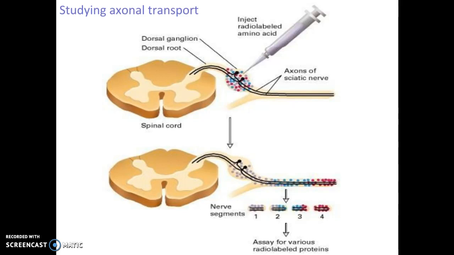If we think about the sciatic nerve in me, it is 3 feet long, and in something bigger like a whale, a giraffe, or an elephant, there's the need for moving things from the cell body up in the horn of the spinal column, all the way down to the axon terminus at the neuromuscular junction.